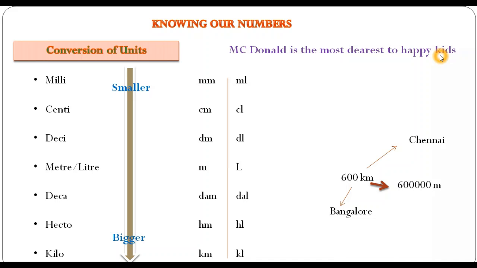And that's how you can remember the units, because K will remind you of kilo, H will remind you of hecto, M will remind you of milli. So McDonald is the most dearest to happy kids, and that's how you remember milli, centi, decimeter, deca, hecto, kilo.